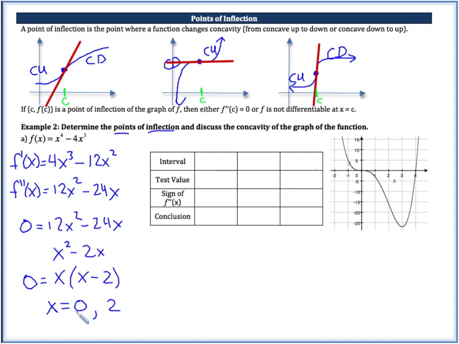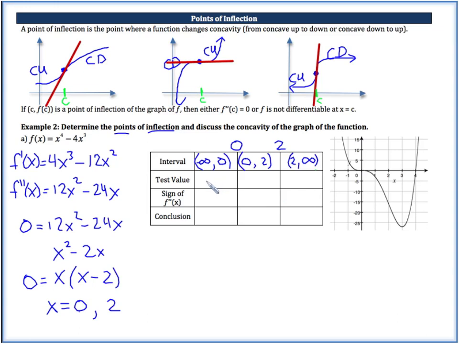Can we automatically say that a point of inflection happens at x equals 0? No, because we have to test the concavity to see that it actually switches at these x values. So we still have to find our whole concavity here. We have the intervals -infinity to 0, 0 to 2, and 2 to infinity. We'll pick some test values.